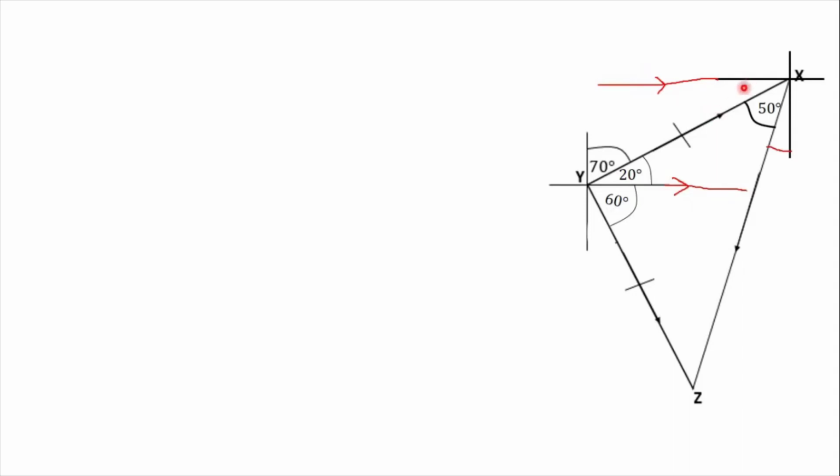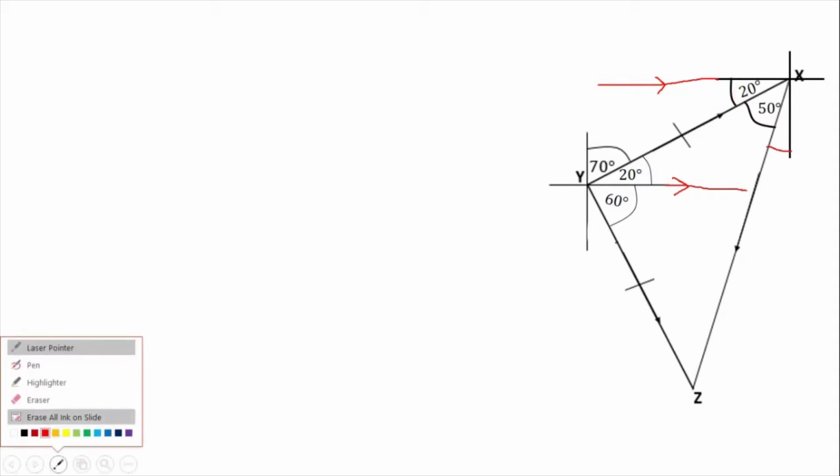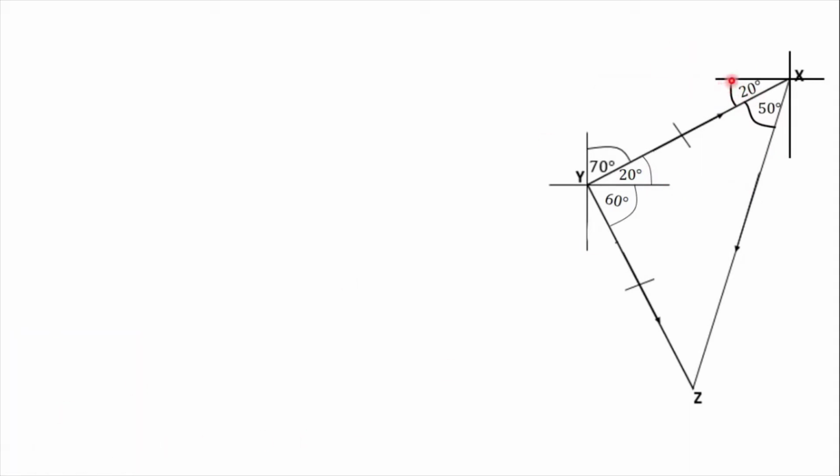So because alternating angles are equal, if here is 20 degrees, this side here is also going to be 20 degrees. Now look at something. We have been able to find this side here to be 20 degrees. We have been able to find this side here to be 50 degrees. We know that from this point to this point, the total angle here is 90 degrees.